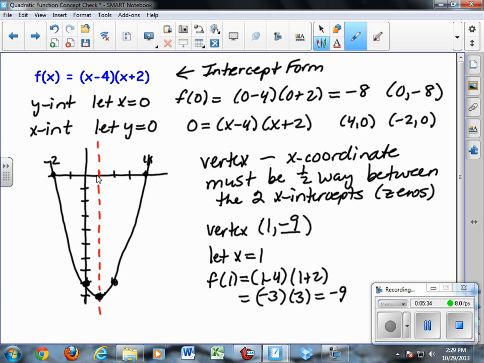I could find that by averaging those two numbers: 4 plus -2 divided by 2 is 2 over 2, which is 1. Once I know the x-coordinate of the vertex, I'm going to plug that into the equation to find the y-coordinate of the vertex. So that's how you graph using intercept form.